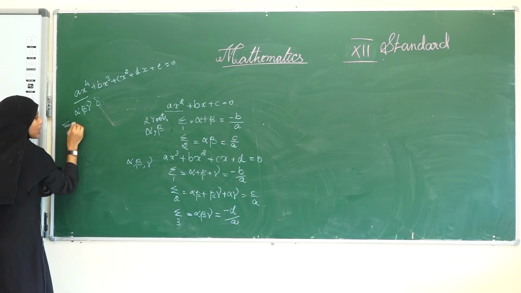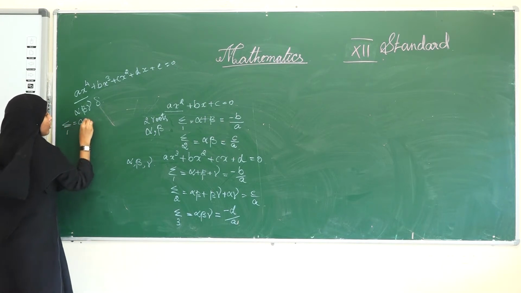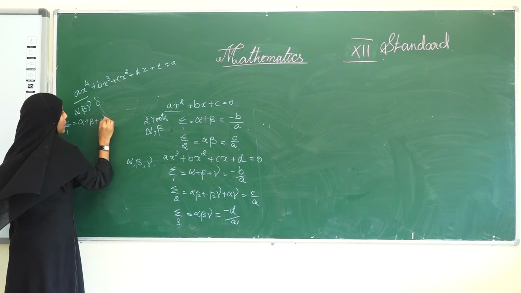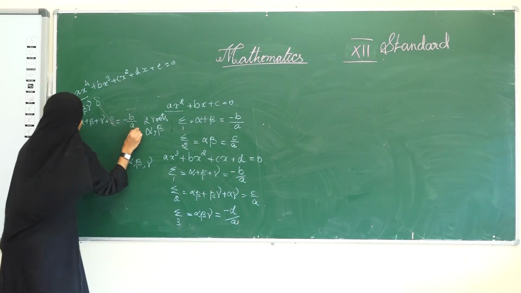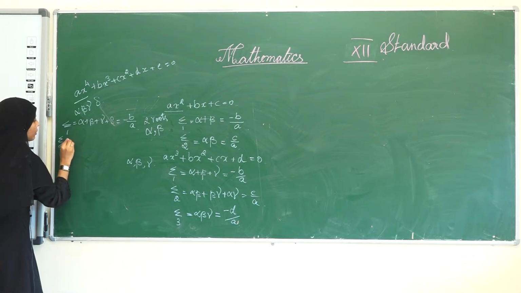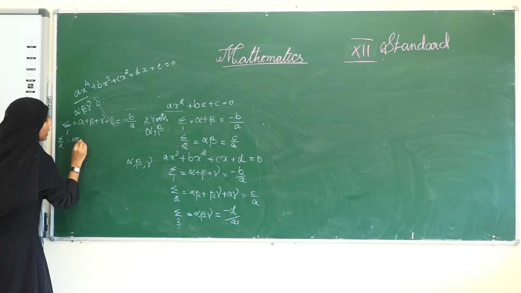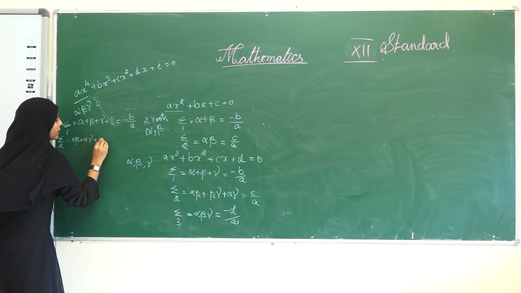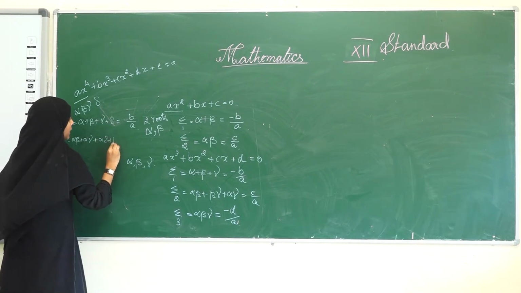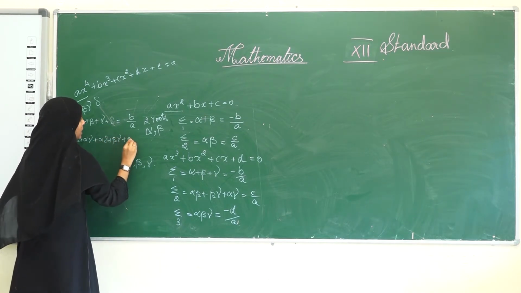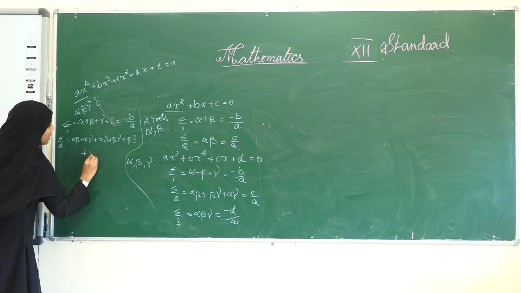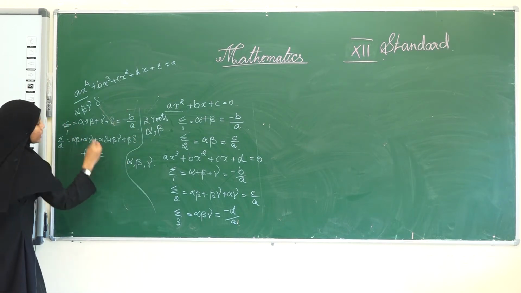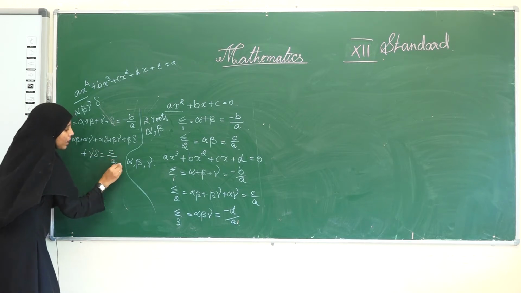Here summation 1 will be the sum of the roots, alpha plus beta plus gamma plus delta, which is minus b divided by a. And then summation 2 will be alpha beta plus alpha gamma plus alpha delta plus beta gamma plus beta delta plus gamma delta, which will be equal to c divided by a.